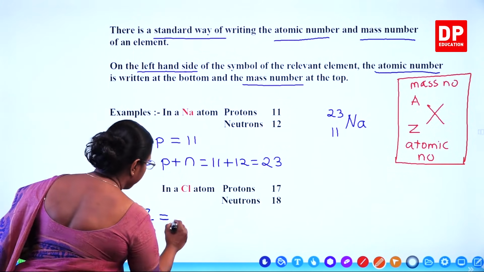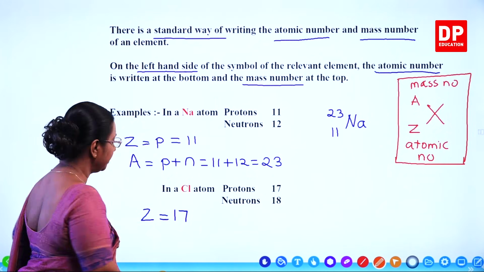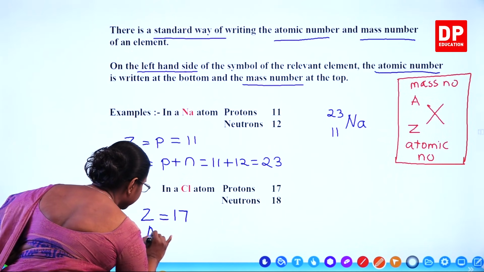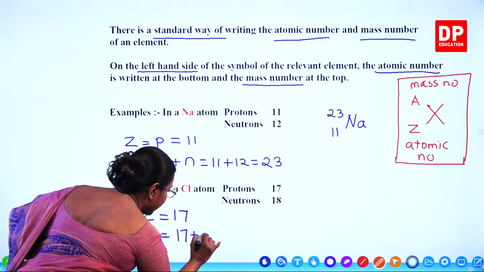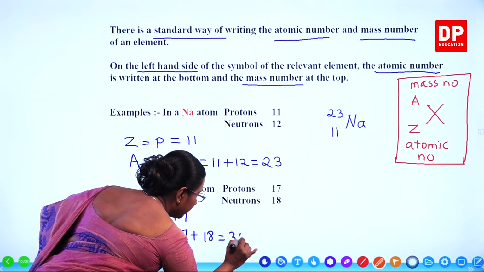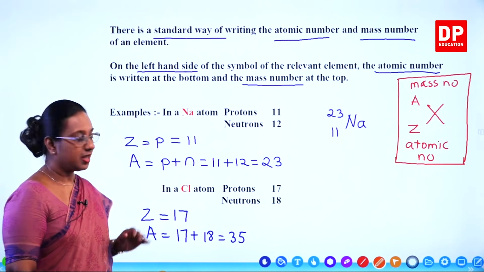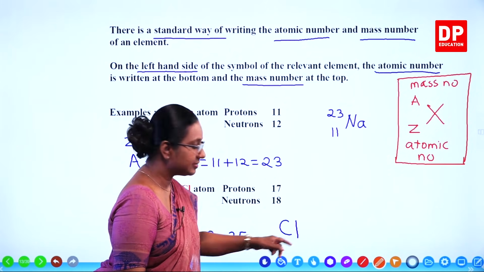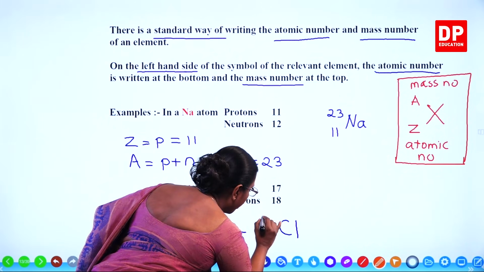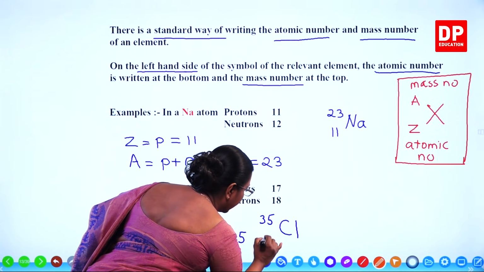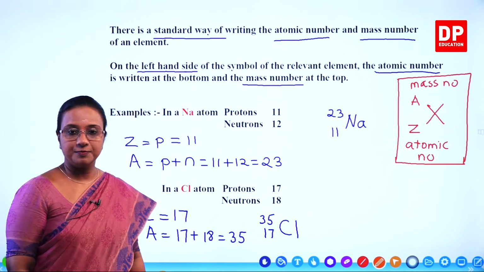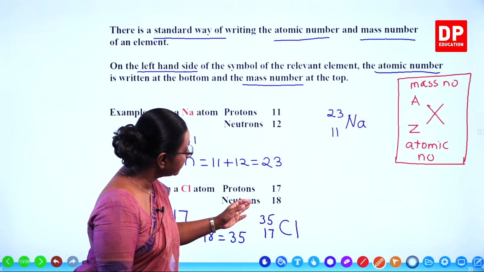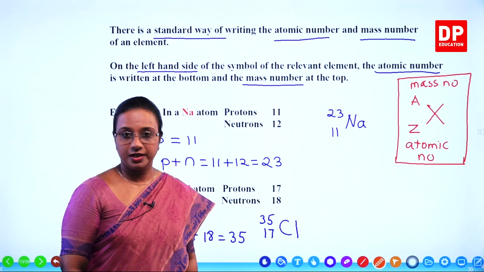Z is equal to the number of protons, so 17, and the number of neutrons is 18, so the mass number A is 17 plus 18, that's equal to 35. Then we write the symbol Cl, capital C, simple l, and mass number on top, 35, and atomic number at the bottom, 17. So when we read out the element, we say 35, 17 chlorine.